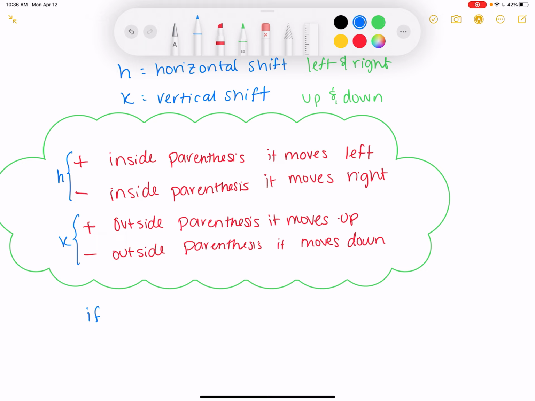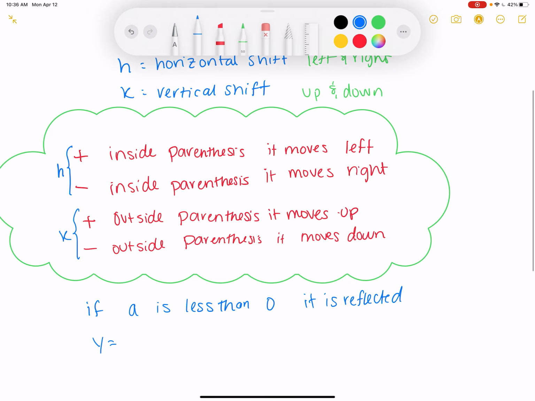Okay, if A is less than 0, it is reflected. So if you had something like y is equal to negative a times the cosine of b times x minus h plus k, then this is reflected.